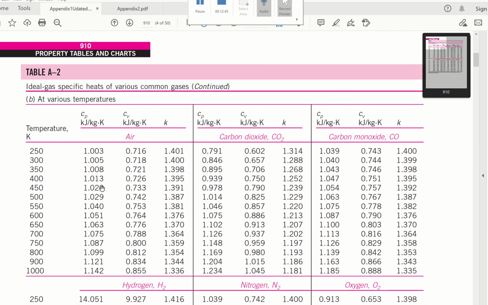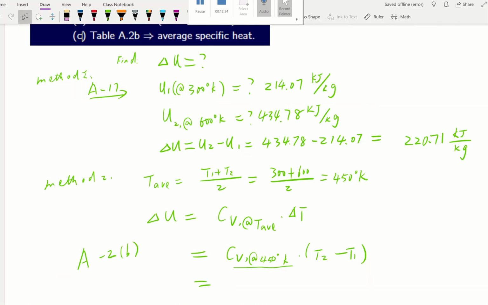We're trying to calculate internal energy, so we are looking at CV, and that's 0.733 kilojoule per kilogram per Kelvin, times T2 minus T1.